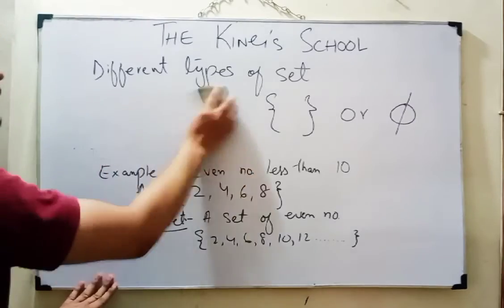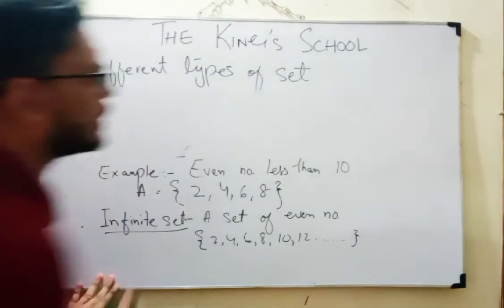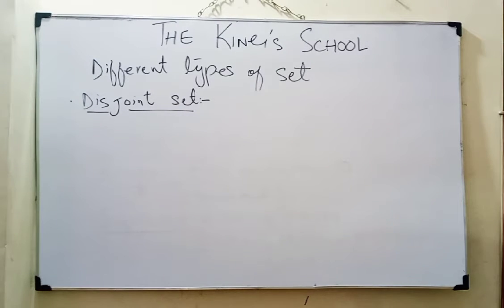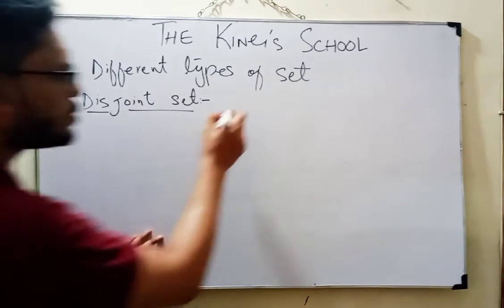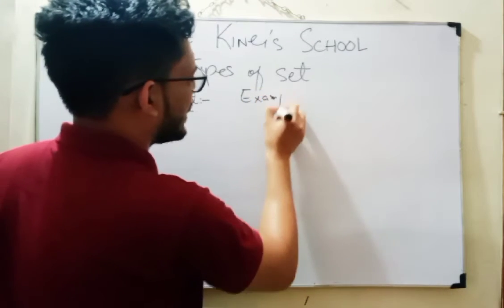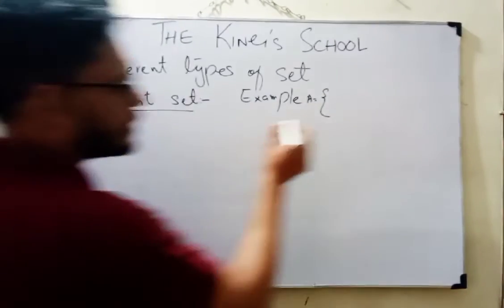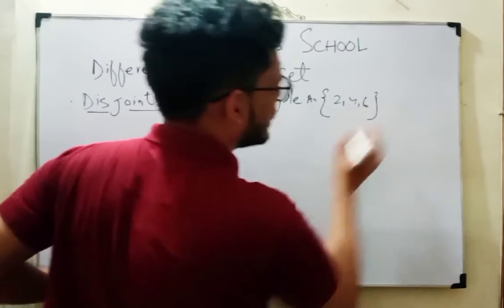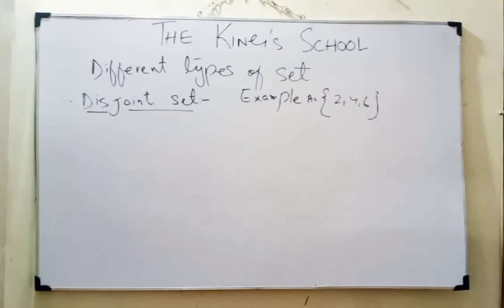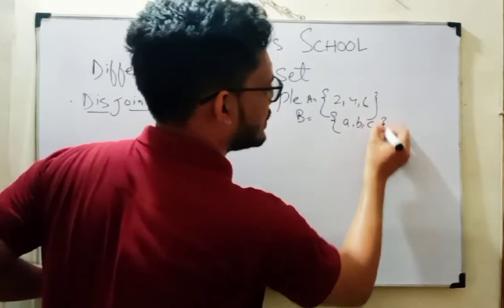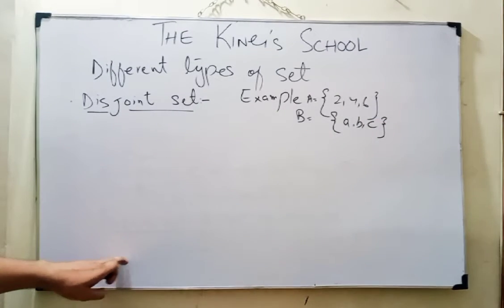Now move towards our next type, the disjoint set. A disjoint set is a set which has no common element. For example, students, A is a set in which 2, 4, 6, these three are the members of the set, and B is also a set in which a, b and c are three alphabets.